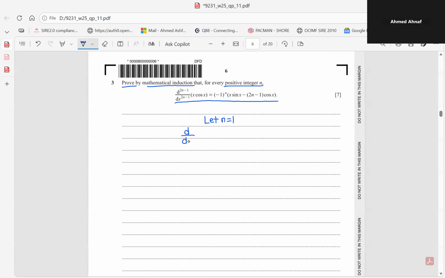So just d/dx of x cosine x. So just differentiate this as normal. So keep your x, differentiate your cos x, minus sine x, plus differentiate your x and keep your cosine x.